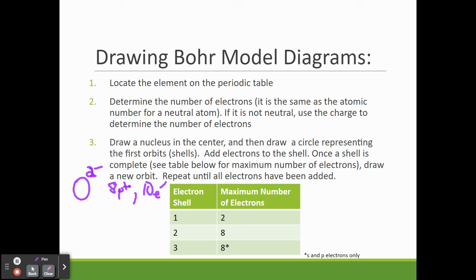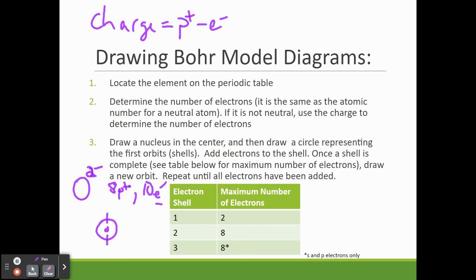Remember, in topic 1, we discovered how to solve for the number of electrons. Charge is equal to protons minus electrons. So negative 2 equals 8 minus 10. From here, we're just going to draw that Bohr model with 10 electrons. So nucleus in the center.